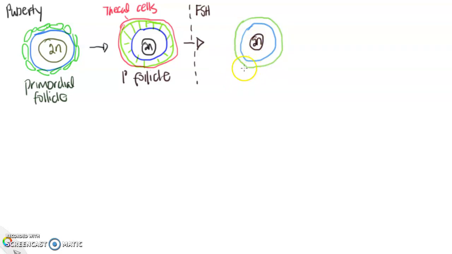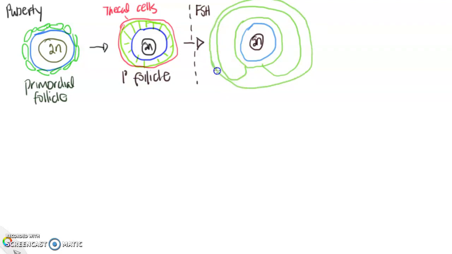Okay, they start to go through mitosis and get more cells. So these are the extra or more granulosa cells that are being formed out here. Okay, and they are out here as well. All right, we still have the thecal cells out here. These are kind of flat cells that are around it out here.